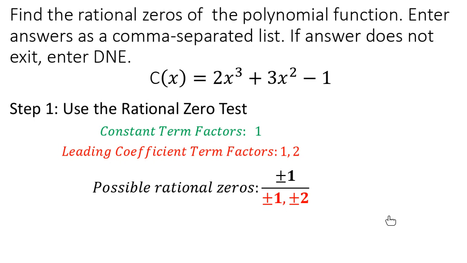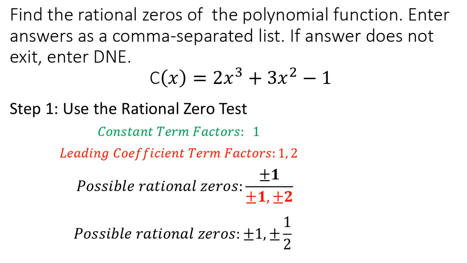Okay, so to get your possible zeros from here, we're going to divide these. So first, you want to ask yourself, what is 1 divided by 1? So I get a 1, right? And then you're going to ask yourself, what is 1 divided by 2? And that's how I get this half down here. So you want to divide the numerator by everything in the denominator.